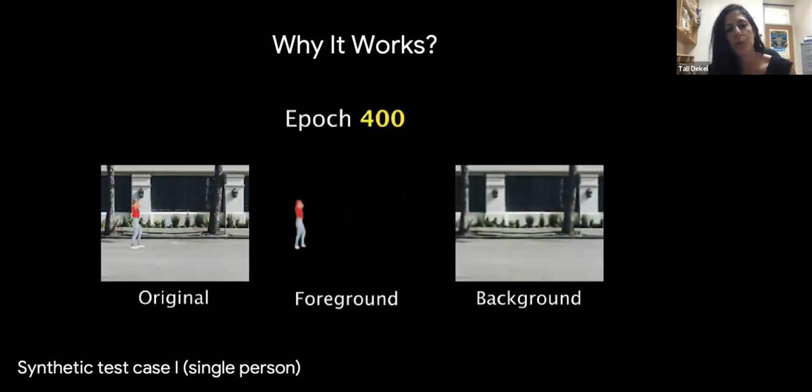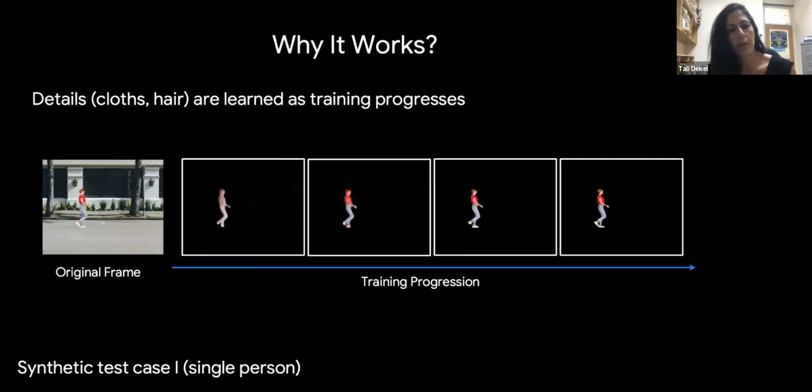So you can see here the training progression. And you can see that, as we train the network further, details that are not represented by the initial mask are learned. You can see that in the beginning, we get a little bit of colors, then we add some details, then the hair and the loose clothing and the shoes are being reconstructed.